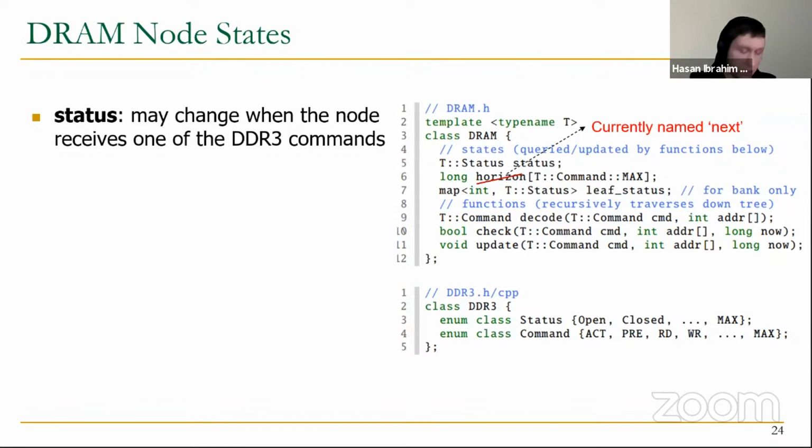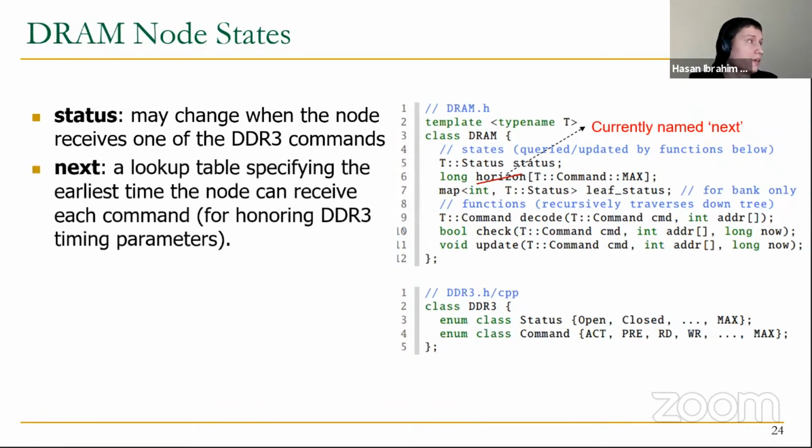Okay, and there is also another state here, which is called next. In this slide, it was originally named Horizon, but it was then renamed to next. This basically indicates the timing, the next simulated cycle where the next command will be correctly issued.